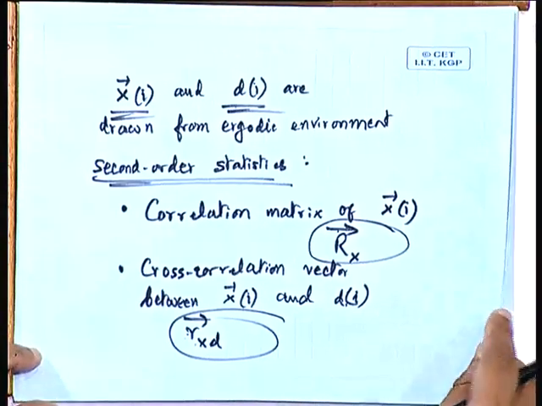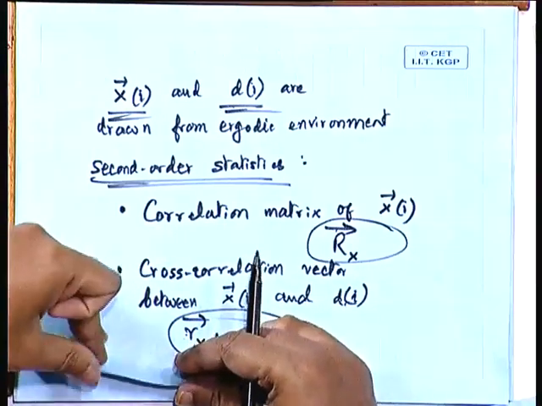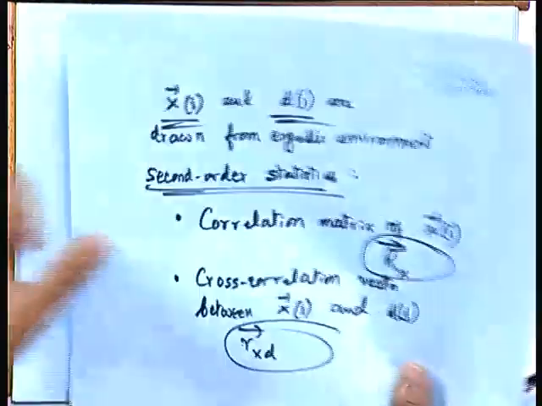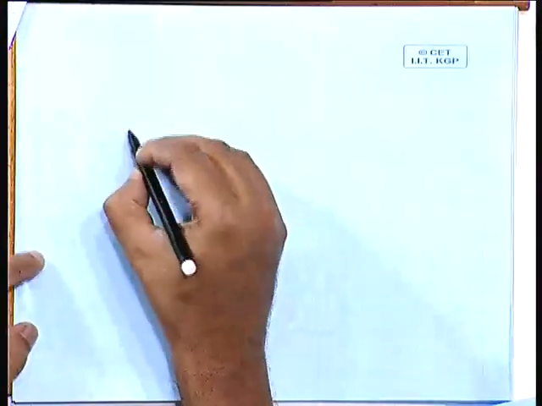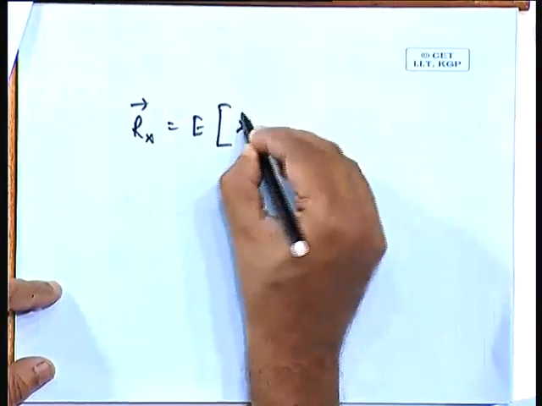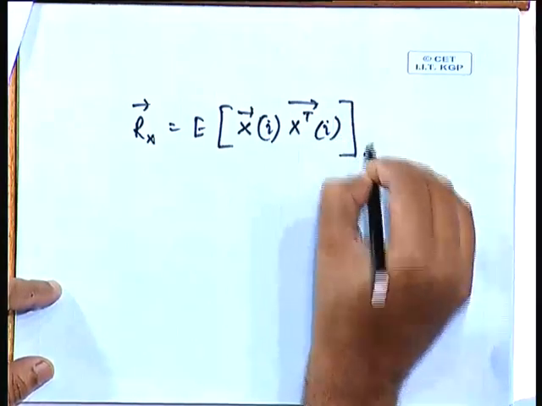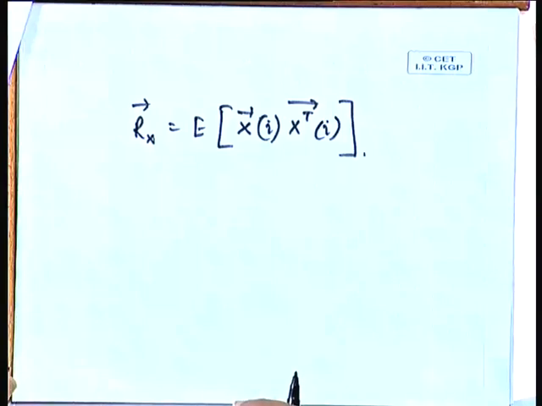We will expand this in the next class, but talking in basic definitions, this Rx is going to be the expectation of xi x transpose. x transpose is the outer product of these two vectors, so that is going to be an n by n matrix.